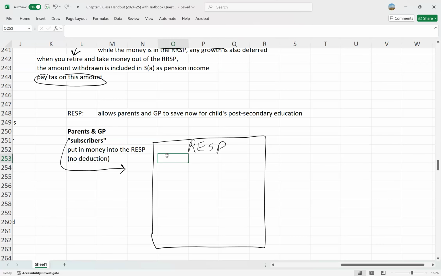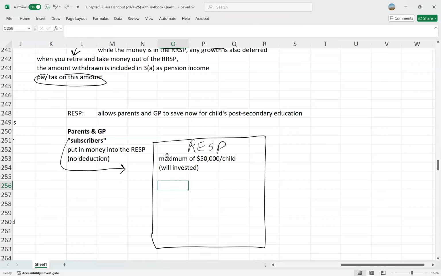And the maximum they can put in over the years is $50,000 per child. So if they have more than one child, they can set up a RESP for each child, but a maximum of $50,000 per child. Now this money can also be invested.